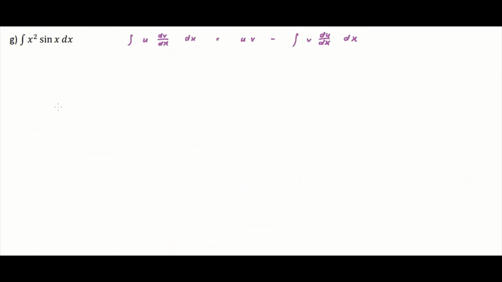Okay, G, you can see there's a trigonometric function here as well. As I said, if you see any exponential or trigonometry, that part should be your dv dx, because when you continue to differentiate it, you wouldn't be able to eliminate your sine. But if you see x squared and you continue to differentiate, you will get 2x, and then after that 1.